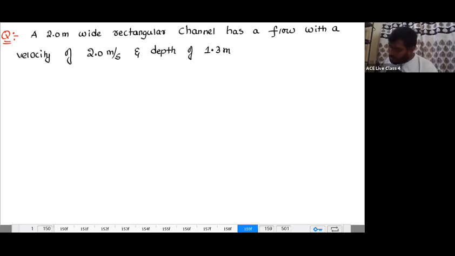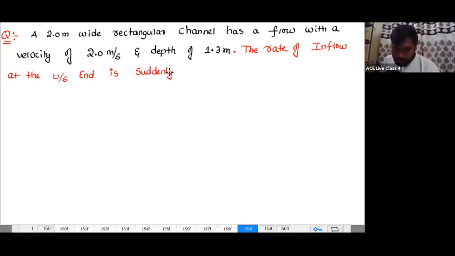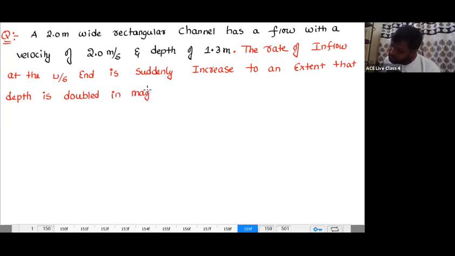Now the rate of inflow at the upstream end is suddenly increased to an extent that the depth is doubled in magnitude.